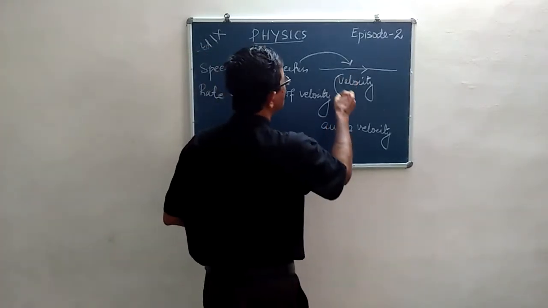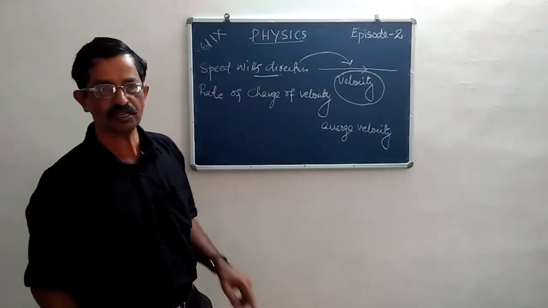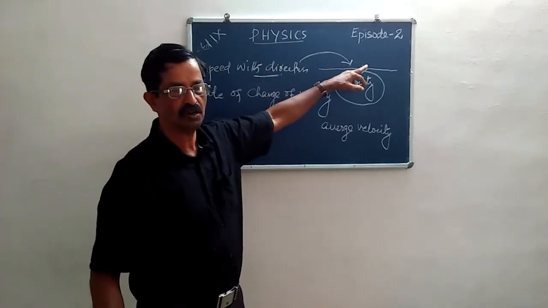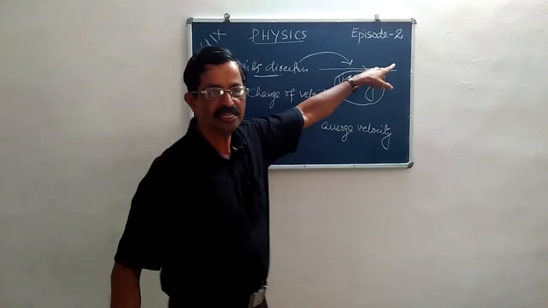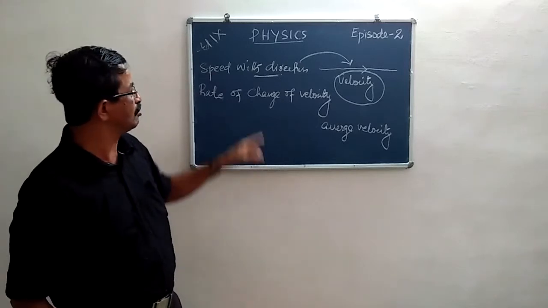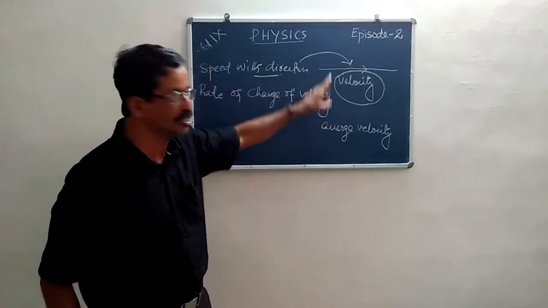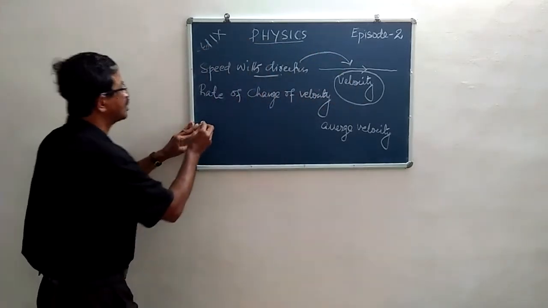That term we use to represent velocity. What is actually velocity? Speed with a direction. When a body is moving along a particular direction, then we can consider its rate of displacement as velocity.